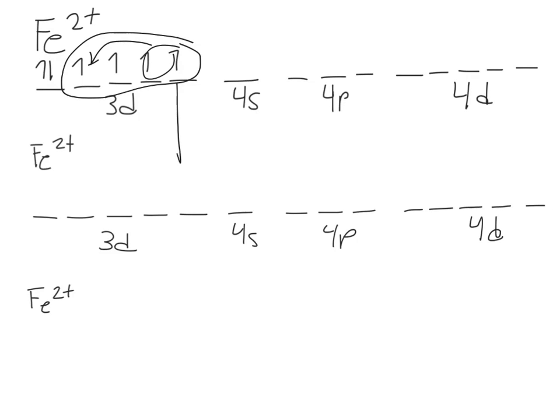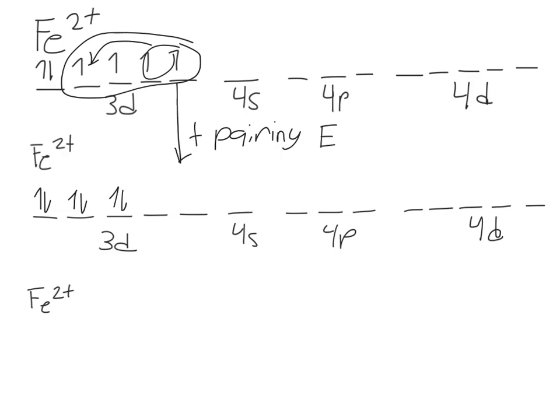So I need to add pairing energy, which means all 6 electrons, each of these little arrows is an electron in the 3d orbital.